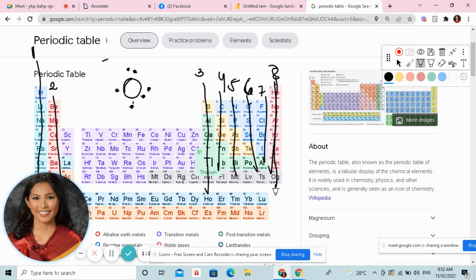Group 8 are the noble gases. They are very stable, they are the standard for your atoms. We have the same electrons as helium, neon, argon, krypton, xenon, because they are the standard. They are very stable.